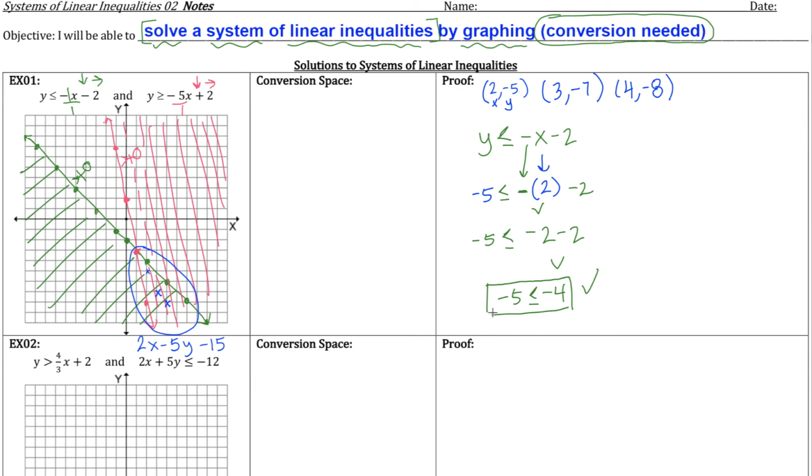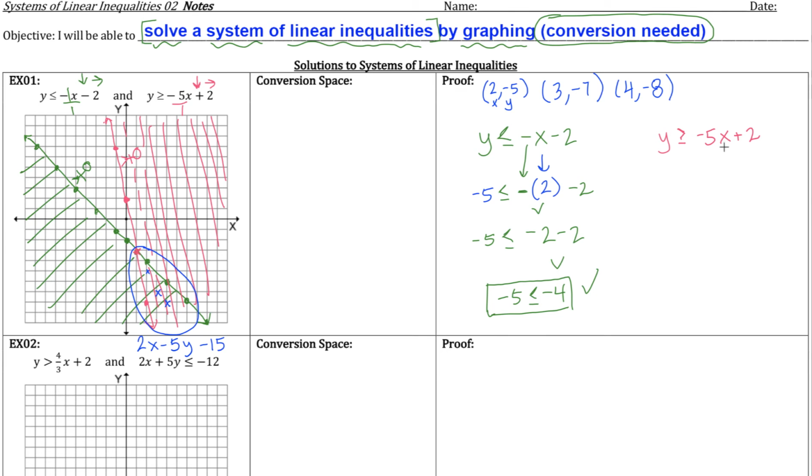Now remember, it has to work in both though. So let's try this one. That one was red. So y is greater than or equal to negative 5x plus 2.